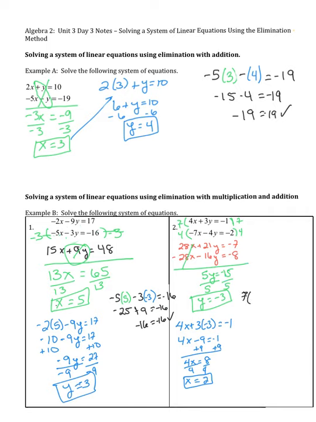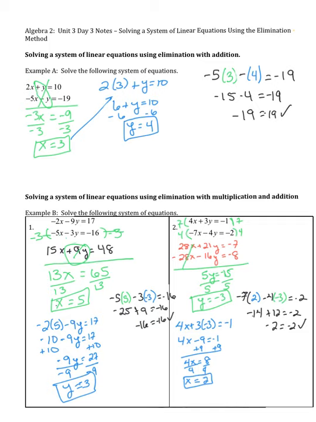Negative 7 times 2, minus 4 times negative 3 equals negative 2. So we have negative 7 times 2 is negative 14. Negative 4 times negative 3 is positive 12. Negative 2 equals negative 2. Not so bad.